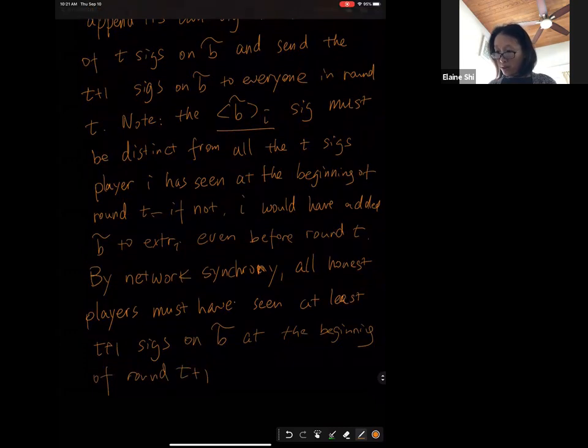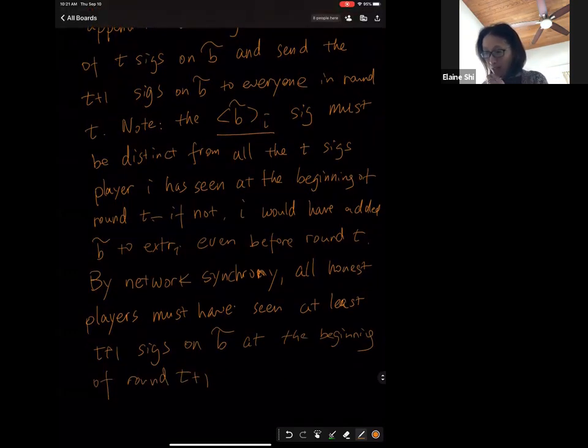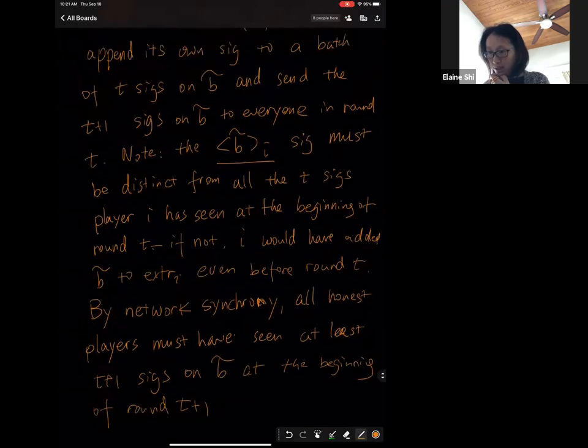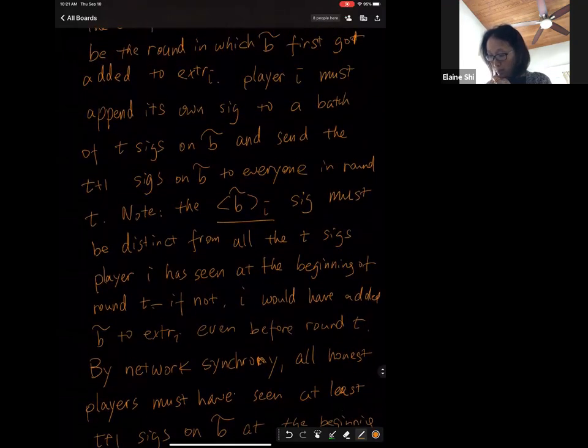One thing I want to be slightly more precise about is that player I must append its own signature to a batch of T signatures on B. In fact, it's at least T, because the way we wrote the protocol, it can also be greater than T. And so this is also at least T+1.